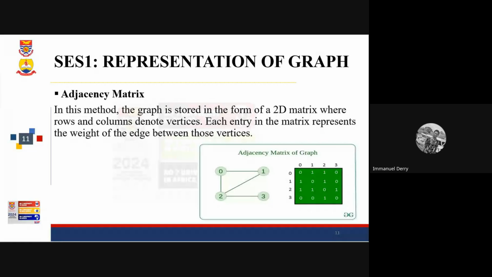Now let me also say this. I think I didn't say that we have weighted graphs as well. With weighted graphs, we normally assign arbitrary values to the various edges, and in real life situations it could be cost. So we can assume that the vertices over here, 0 1 2 3, happen to be various cities in the country, and these edges are going to be the road networks, right?